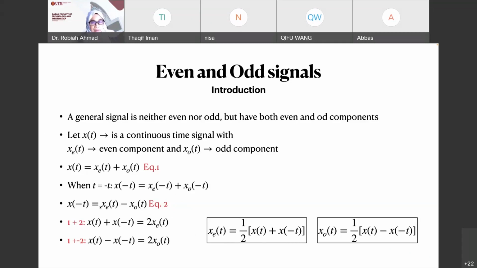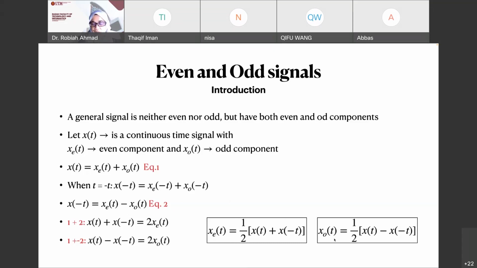Okay, it is the final box formulation. For the even signal formulation, let's say we have a signal x(t). We want to find the even component of the signal. It will be half x(t) plus x(minus t). Why? Please look into this derivation.